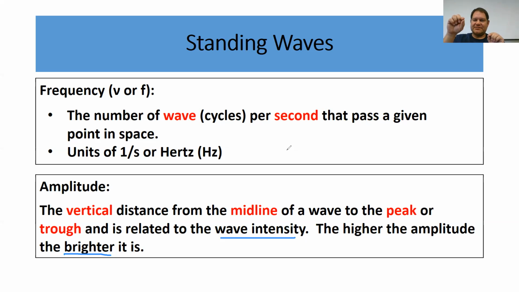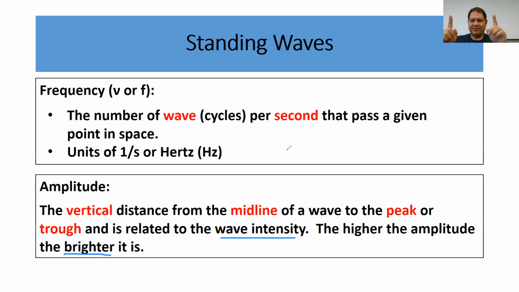What we're going to do is count the number of cycles that pass this point in exactly 1 second. We take that unit, crest to crest, and see how many of those pass a given point in 1 second, and that will tell us our frequency.